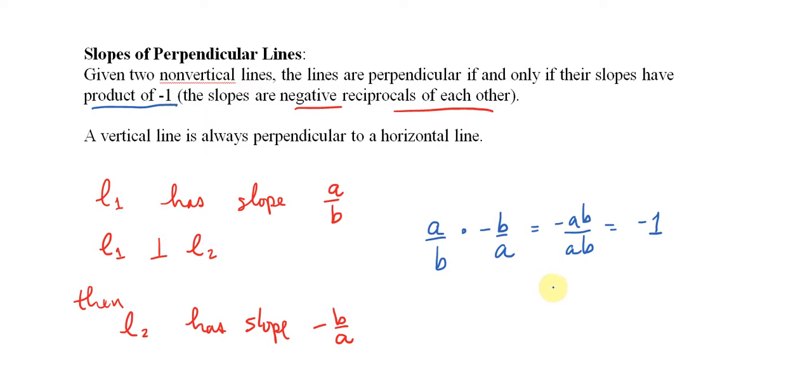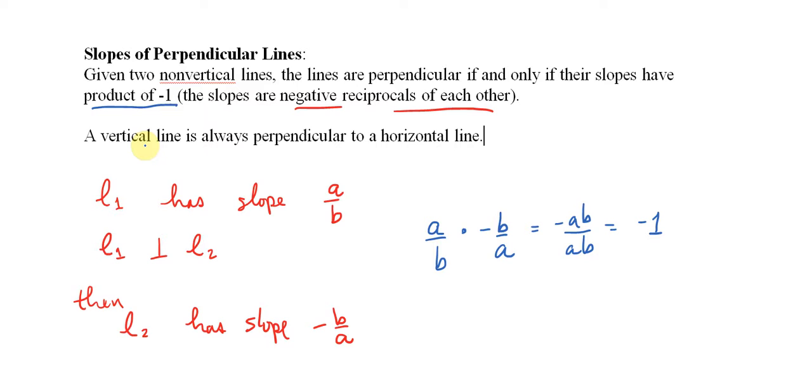So there are two different ways to say this. Vertical lines are special because they have no slope, so any numerical equation we try to write about vertical lines won't make sense. But we can simply state that a vertical line is always perpendicular to a horizontal line, and vice versa.